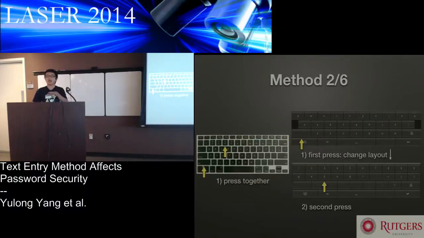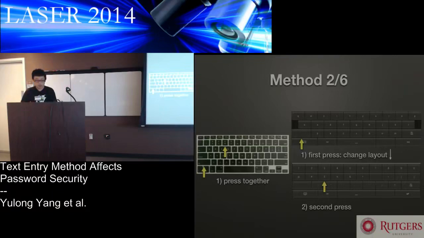This does not happen in the laptop group, and switching between layouts introduces extra overhead in searching for keys in the new layout. So we have this control group with the laptop keyboard, and we made the text entry method in the tablet group harder in reaching certain keys than the laptop group. And then we made the method in the smartphone group even harder in reaching certain keys compared with the tablet group.